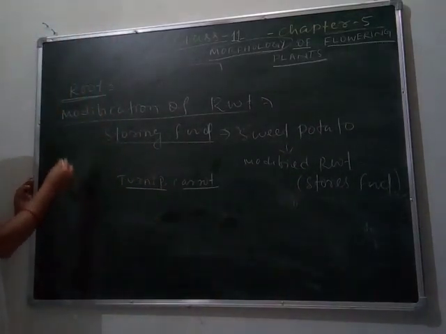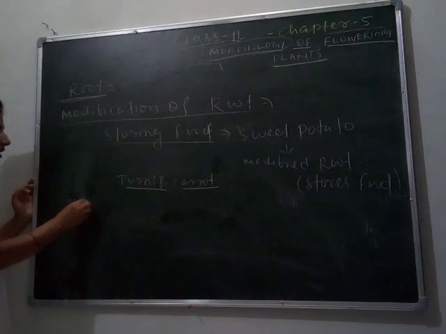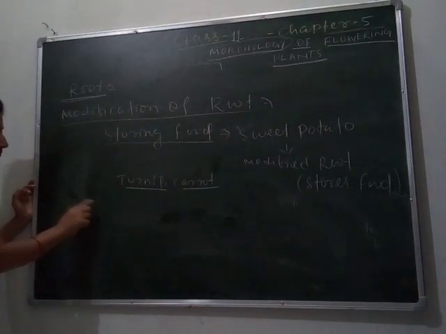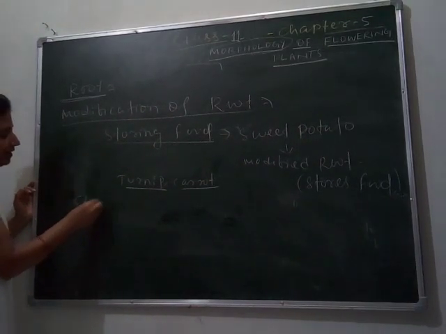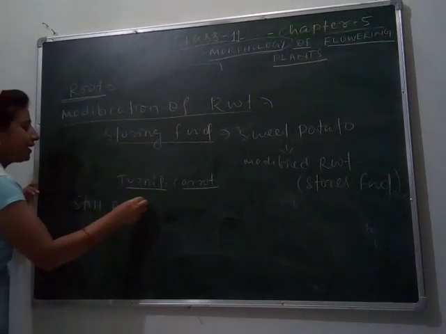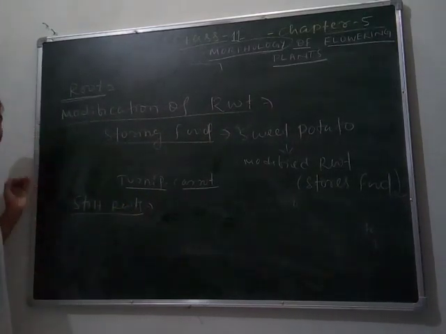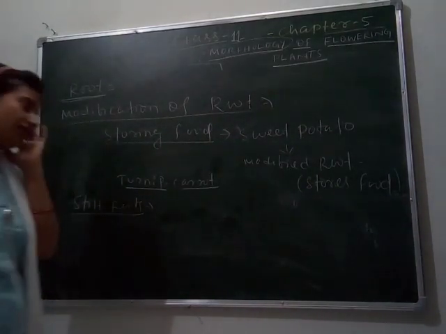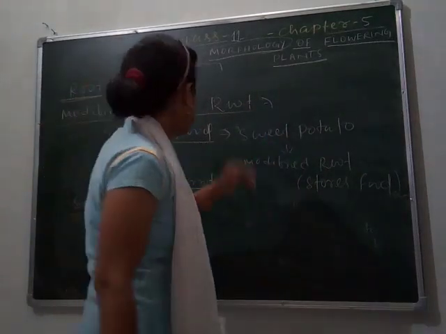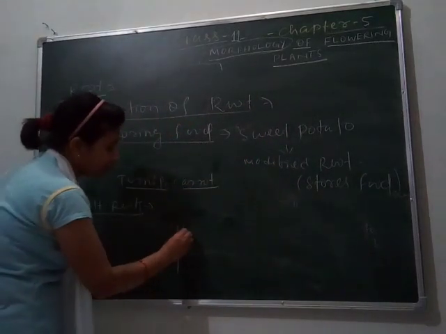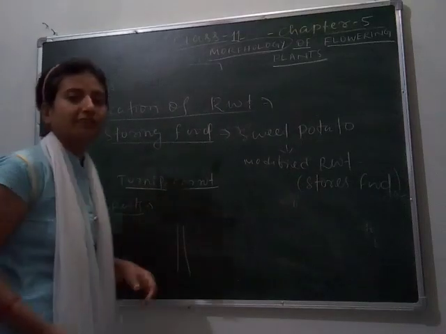Next, the root is modified, or we can say stilt roots. So what are stilt roots? As I discussed in the above topic, in the case of maize, have you ever seen a maize plant?